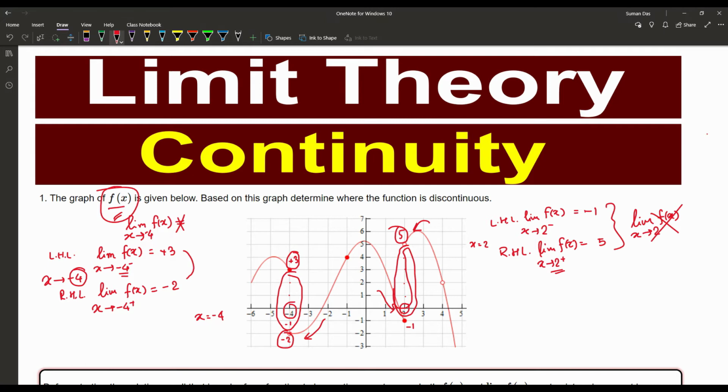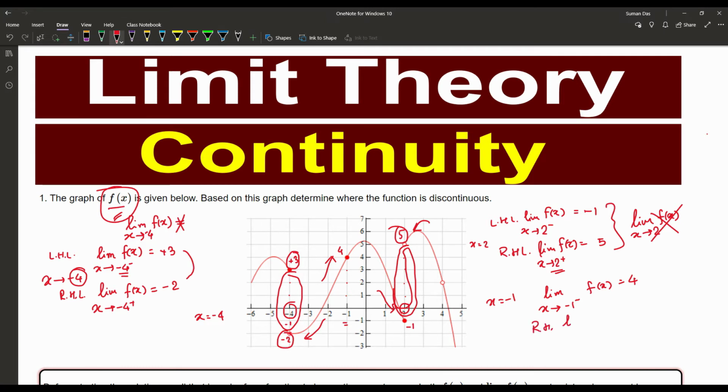Now look at the point x equal to minus 1. Looking at the values 1, 2, 3, 4, the left hand limit as x approaches minus 1 from the left gives the value of f(x) equal to 4.